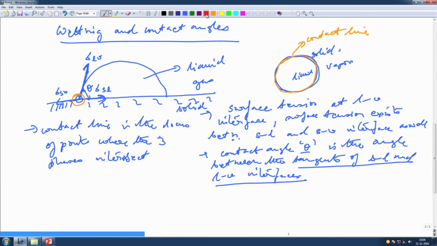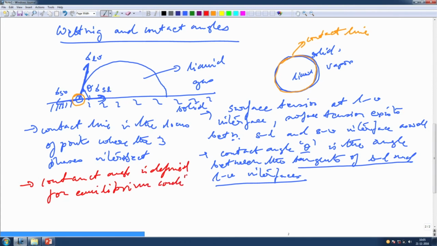So, the contact angle is defined only for equilibrium conditions.